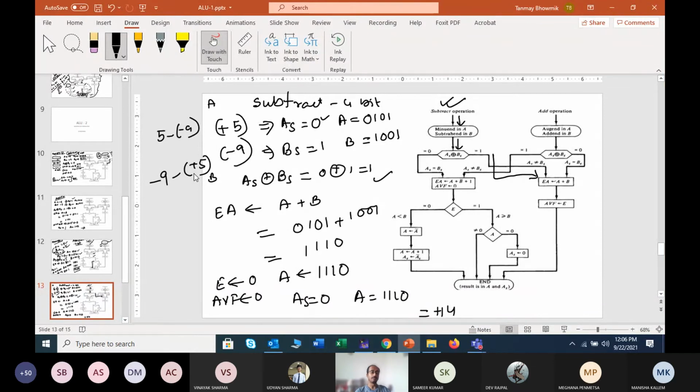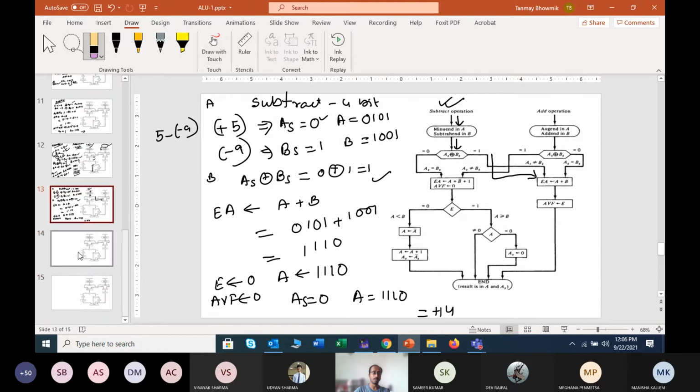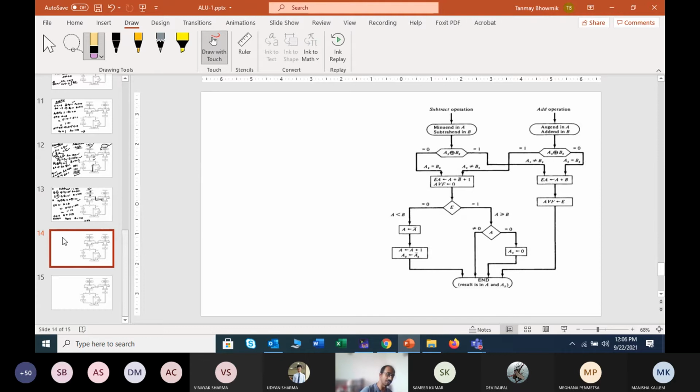It should be that A will store 9 and B will store 5. So we can also check this thing gradually, right? Let us consider this example now. This thing we have done already. We will move to the next slide and we are in the same position again, just like we are performing a subtraction. Only the difference is that right now your A is storing minus 9 and B is storing plus 5.